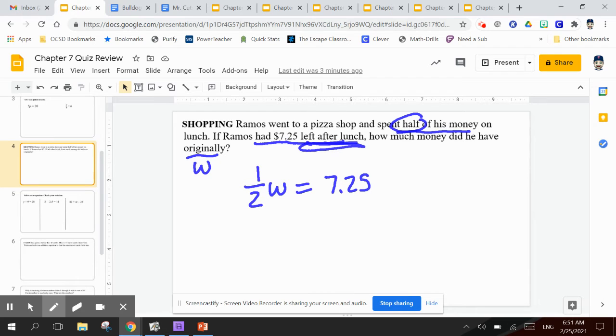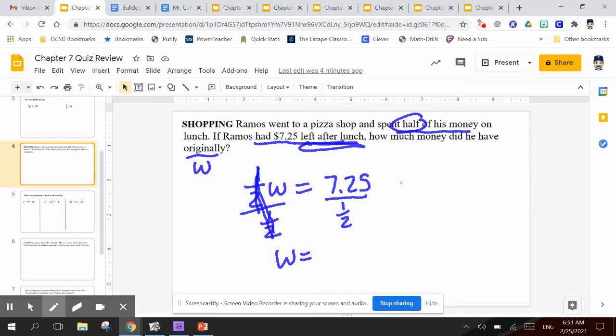So to solve this, here we're multiplying again, 1/2 times W. So I want to divide each of those by 1/2. So when I take 1/2 W divided by 1/2, those two cancel out. That's my simplify. I get W equals 7.25 divided by 1/2.